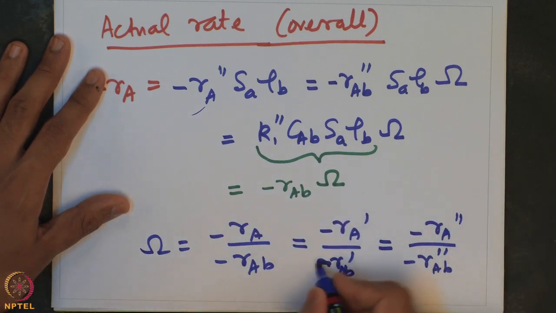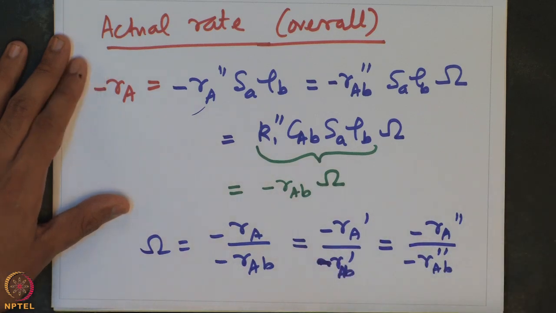So, the overall effectiveness factor is uniformly applicable whether the rate is available per volume of the reactor, per unit weight of the catalyst, or per unit surface area of the catalyst.